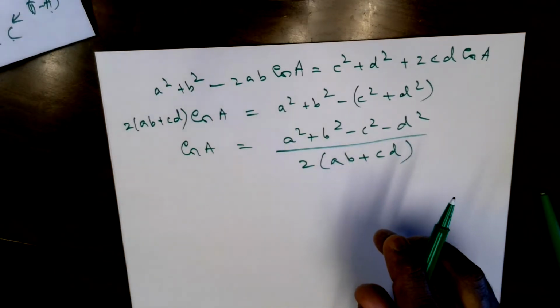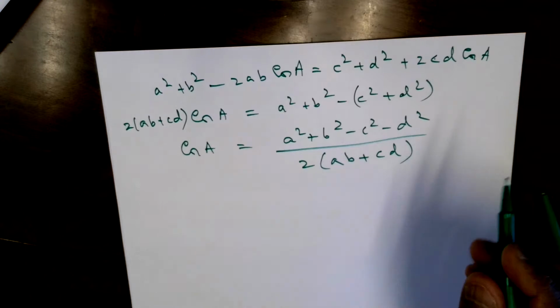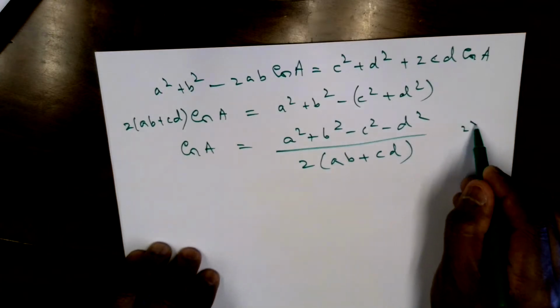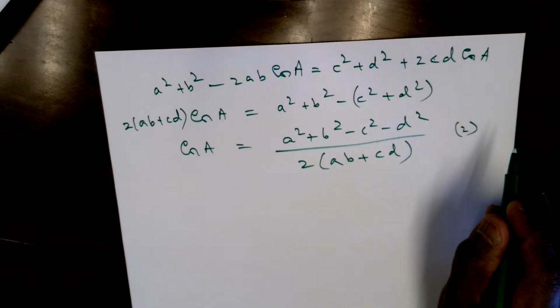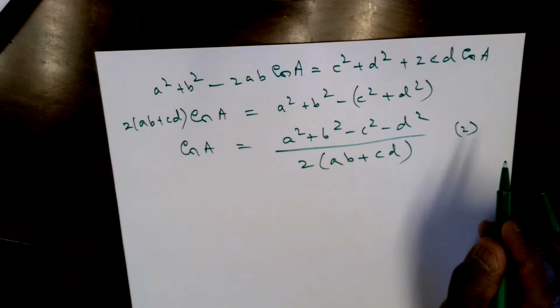So that's one useful identity for cyclic quadrilaterals.